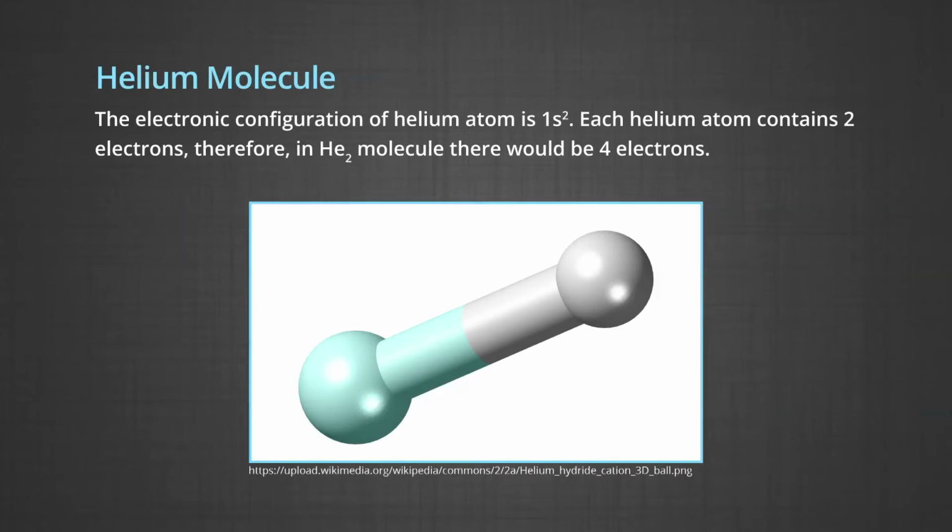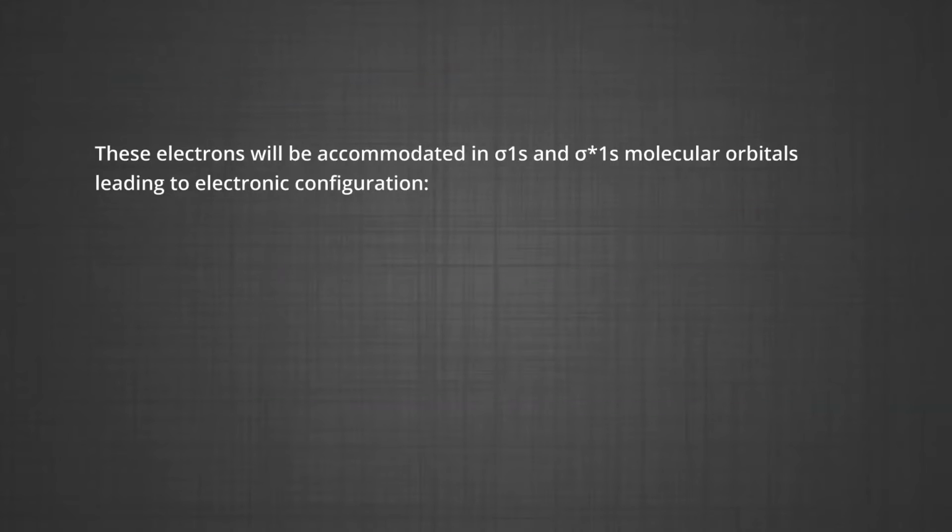The electronic configuration of helium atom is 1s2. Each helium atom contains 2 electrons. Therefore, in the He2 molecule, there would be 4 electrons. These electrons will be accommodated in sigma 1s and sigma antibonding 1s molecular orbitals, leading to the electronic configuration sigma 1s2, sigma antibonding 1s2.